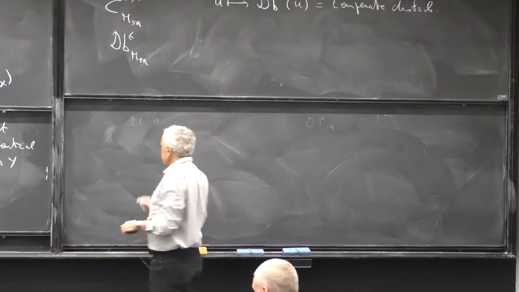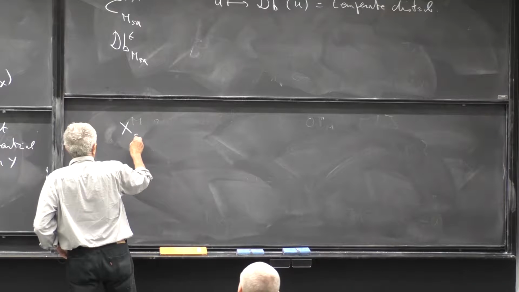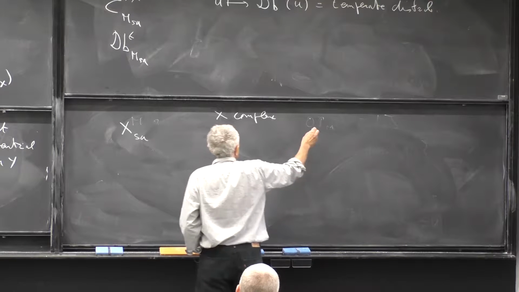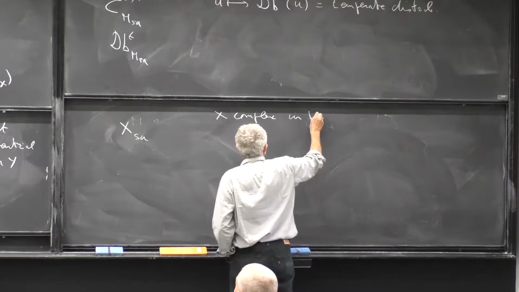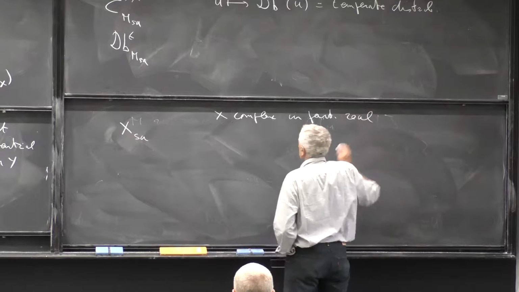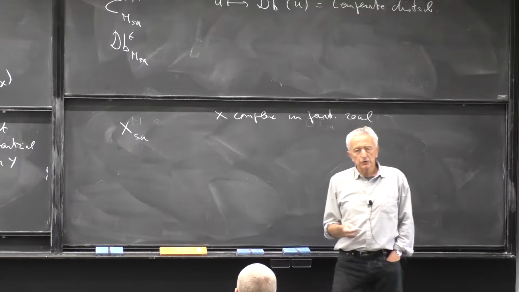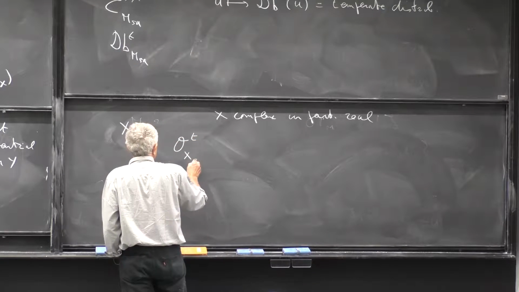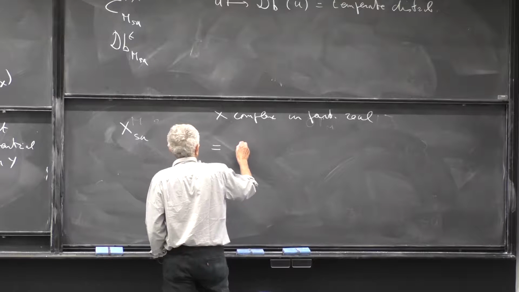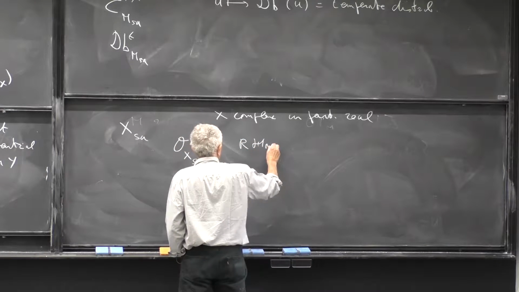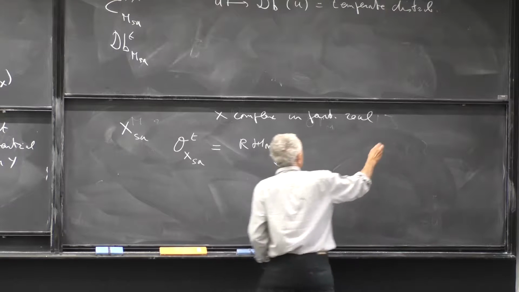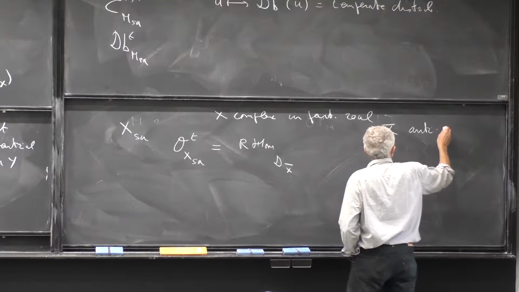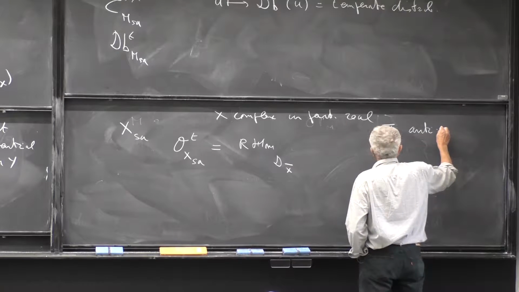And now, when I have a complex manifold, X is complex, but of course, I don't write it, in particular it's real. And I can put the subanalytic topology. And now I define O temperate X subanalytic as the Dolbeault complex, where X bar is the anti-holomorphic manifold.